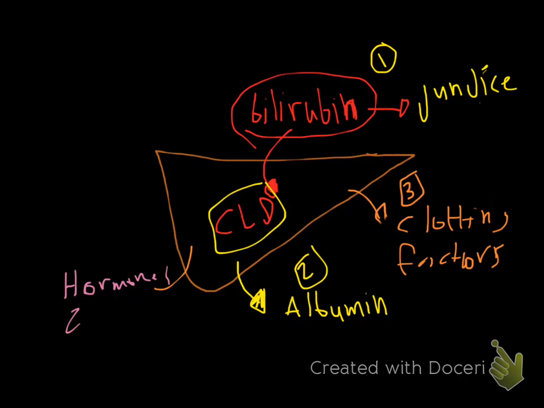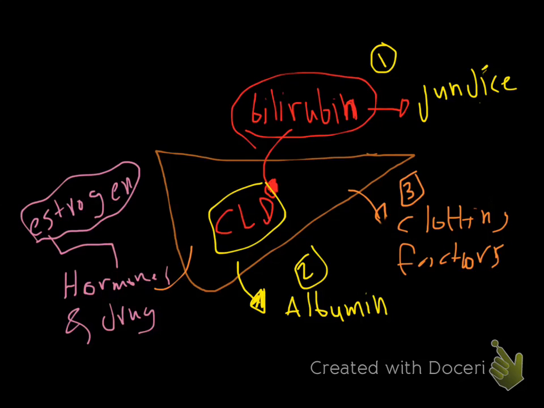Hormones and drugs. If you remember, I gave estrogen as an example of a hormone the liver deals with, or metabolizes. In liver failure, the liver can't get rid of estrogen, and an increased estrogen level in the body will lead to many sexual and vascular problems.